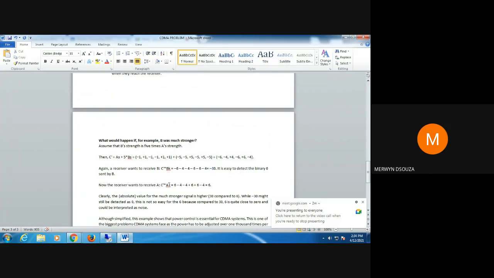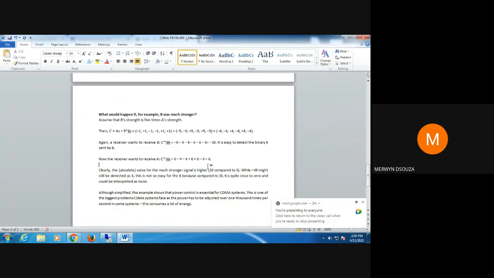When you want to decode A's data, again you take C dash, multiply with the key of A, and you get some answer, say 6. Now look at the absolute value, don't look at the negative sign.